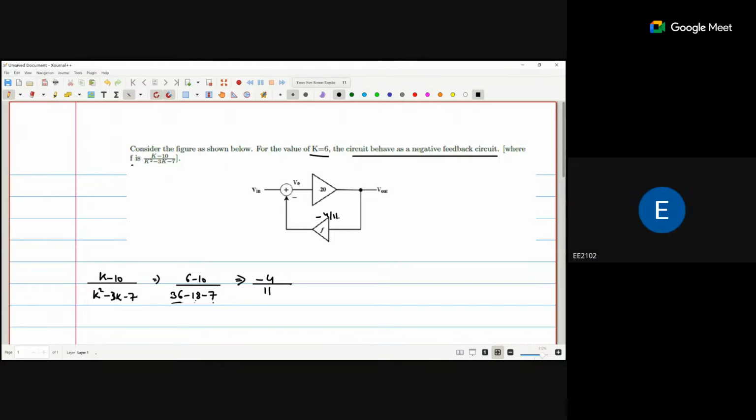Now what I have to do is break this loop and apply some positive voltage. When the signal goes in this direction, the signal will be in the positive direction.